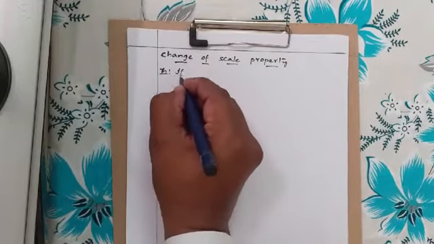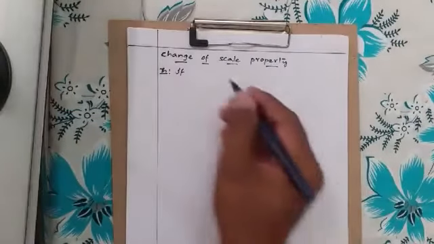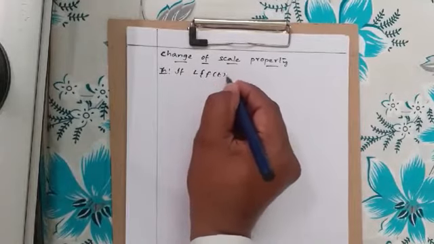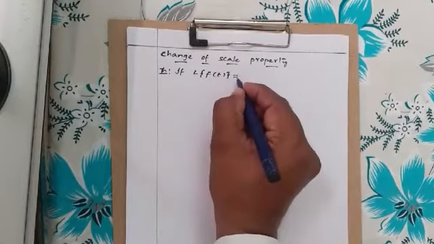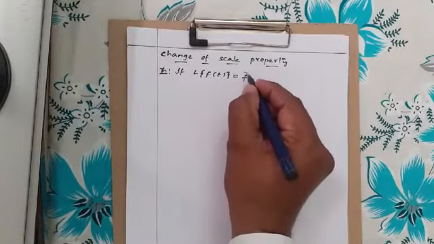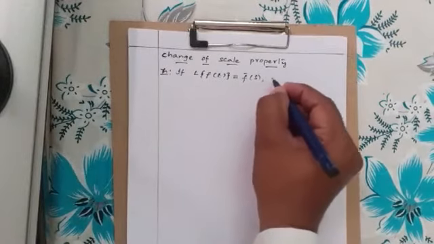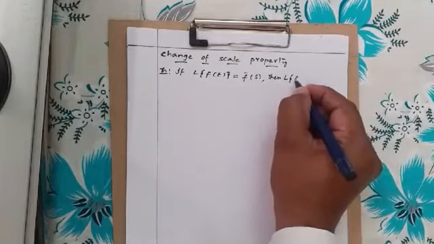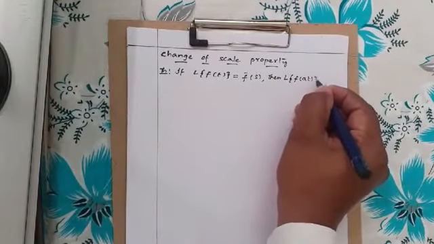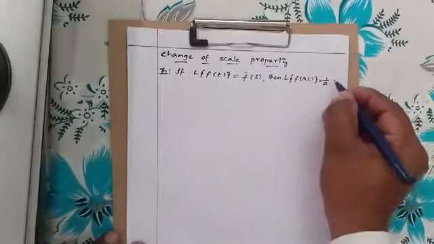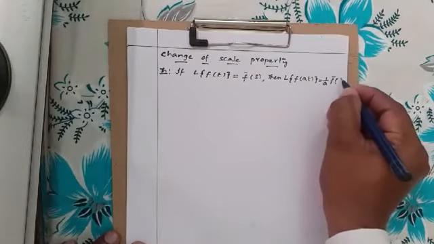If Laplace of f of t is equal to f bar s, then Laplace of f of at is equal to 1 upon a f bar s upon a.